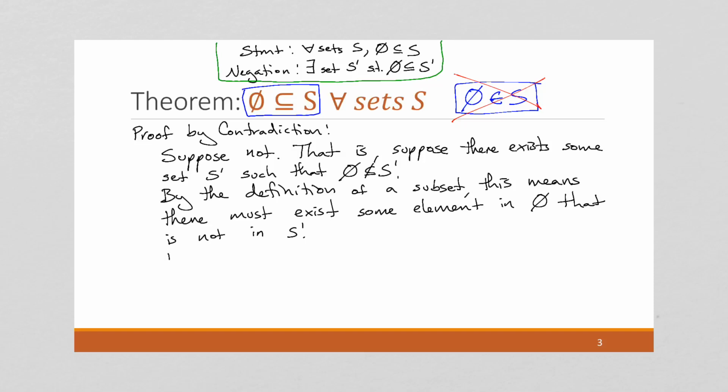But there can be no elements in the empty set by definition. This is where we find our contradiction.